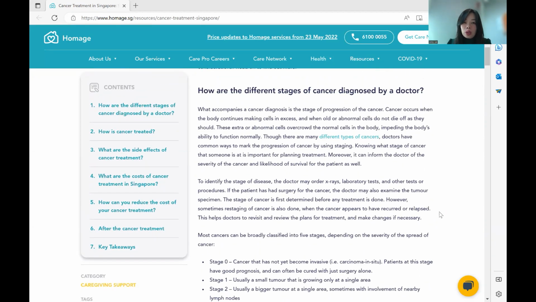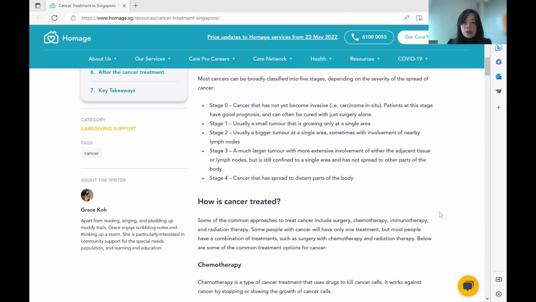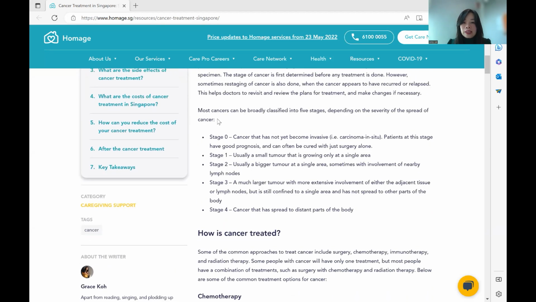It touches on the various stages of cancer upon diagnosis by the doctor. For most cancers, they are categorized into 5 stages. Stage 0 means the cancer has not yet become invasive, so they call it carcinoma in situ. Patients at this stage usually have a good prognosis and can be cured with surgery alone.